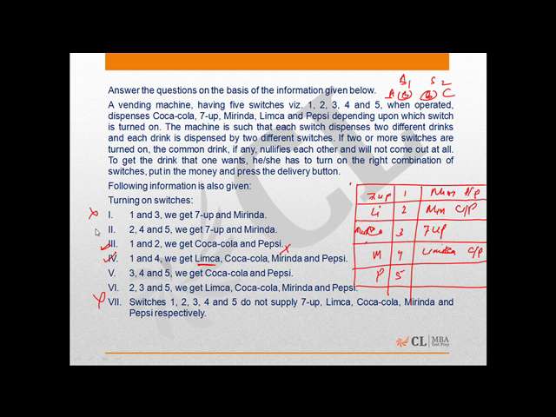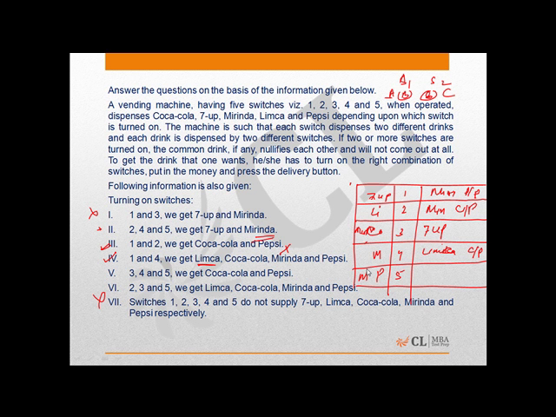Now moving to statement second, in which it is given that when switches 2, 4 and 5 are turned on, we get 7 Up and Mirinda. We know that switch 4 does not dispense Mirinda, and Mirinda is not cancelled out when these three switches are turned on, which means switch 5 does not dispense Mirinda, and switch 4 also does not dispense Mirinda.